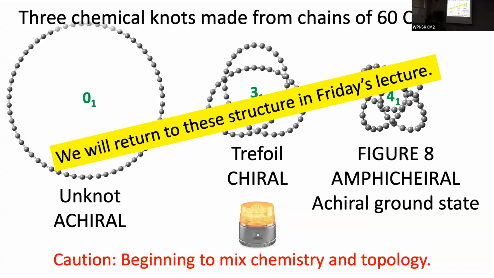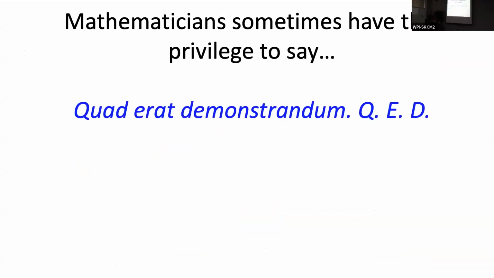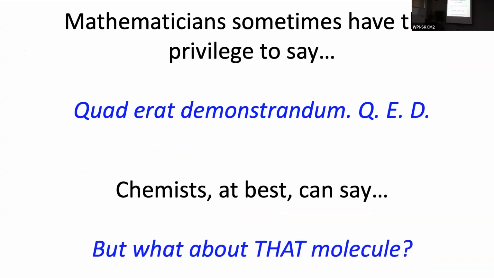So when you begin to mix chemistry and topology, you can find yourself in some tricky territory. Mathematicians sometimes have the privilege to say, QED, I'm done. Chemists, at best, can say, what about that molecule? There are so many molecules that there's always a counterpoint to whatever judgment you want to make.